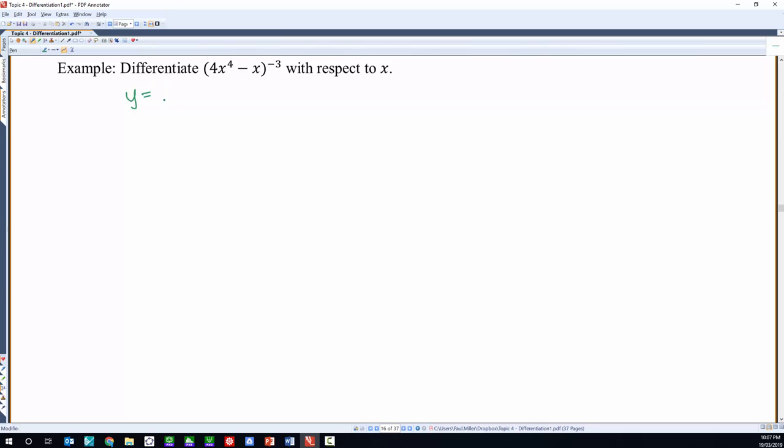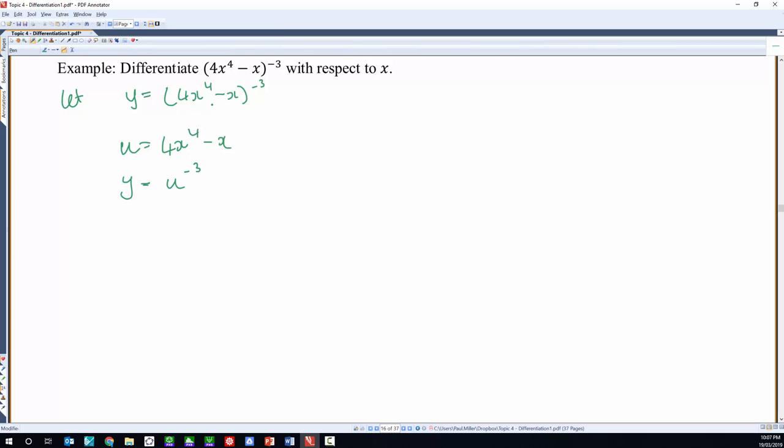So let y equal, bracket 4x to the 4 take x, to the neg 3. Right, so let's go through the same process that we did last time. u is the inner function, 4x to the 4 take x, and y is the inner function to the negative 3.